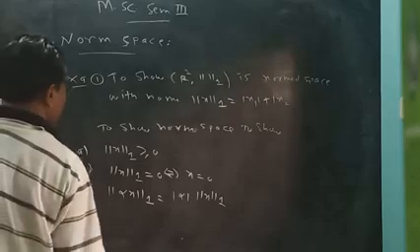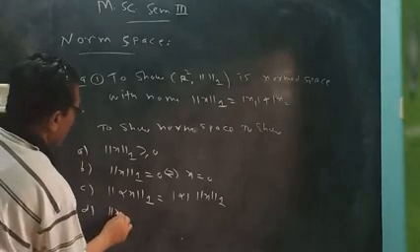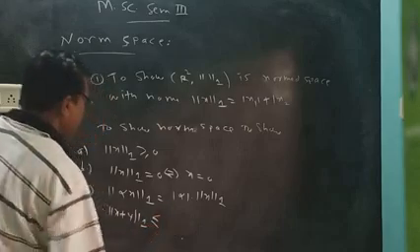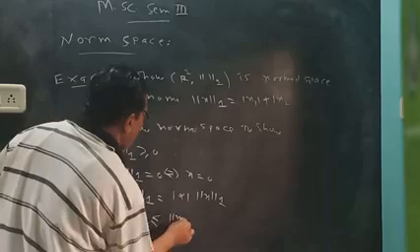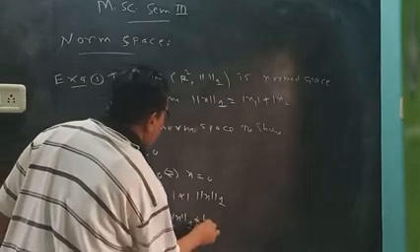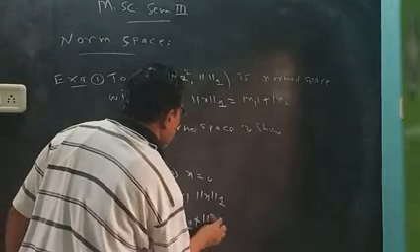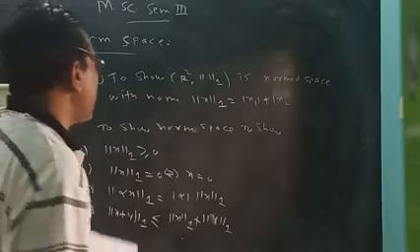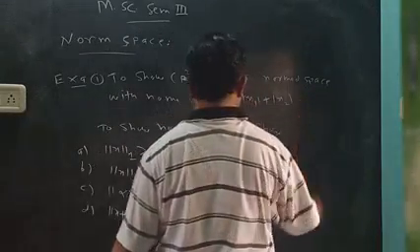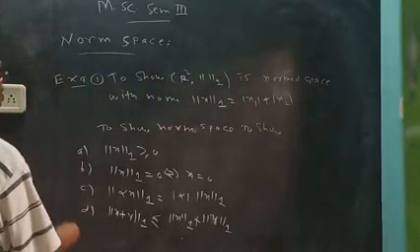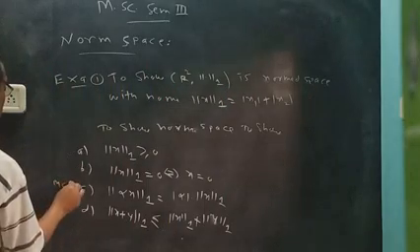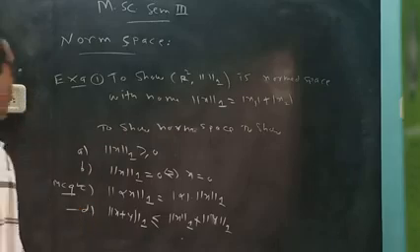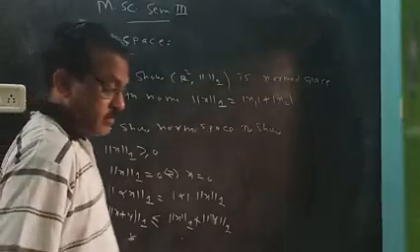And the last, norm of x plus y at the 1 is always less than or equal to norm of x at the 1 plus norm of y at the 1. So verify using this norm. These questions come in MCQ. The third or fourth is important for MCQs.